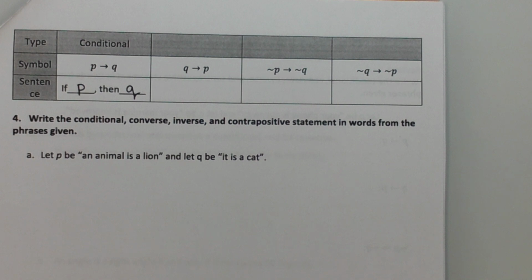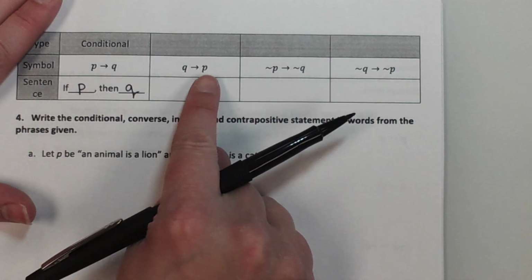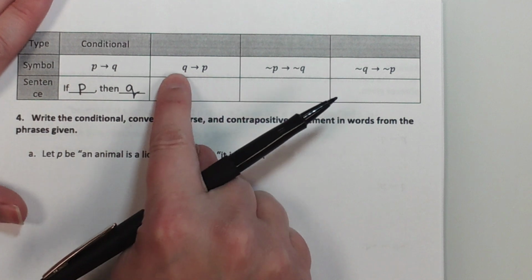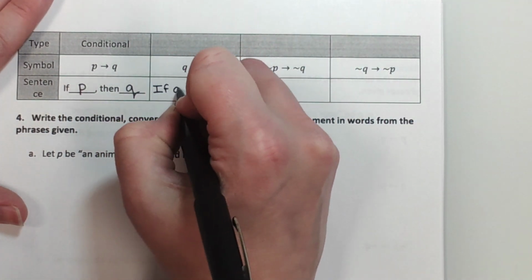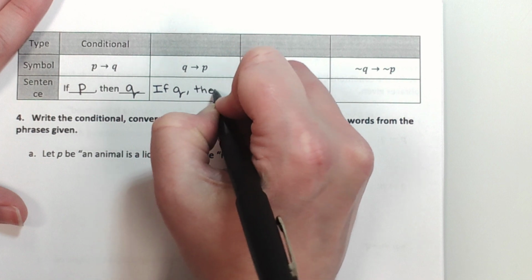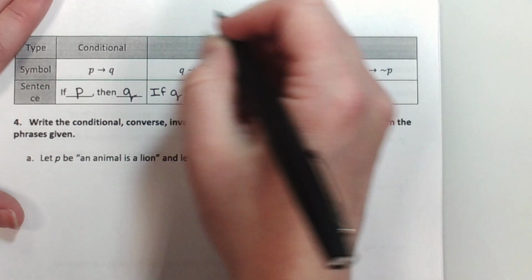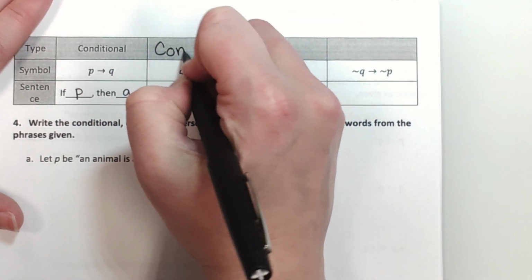If we were to flip those two around, going from Q to P, which is if Q then P, that is what's known as a converse.